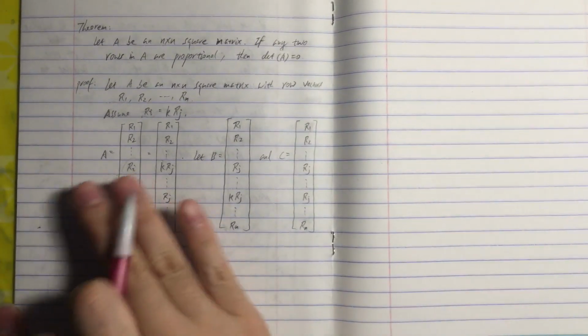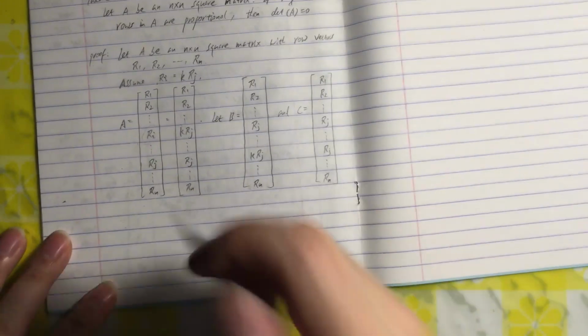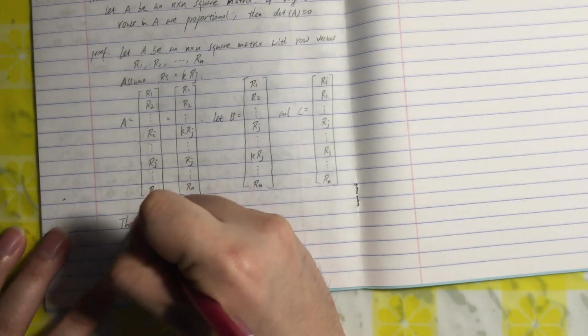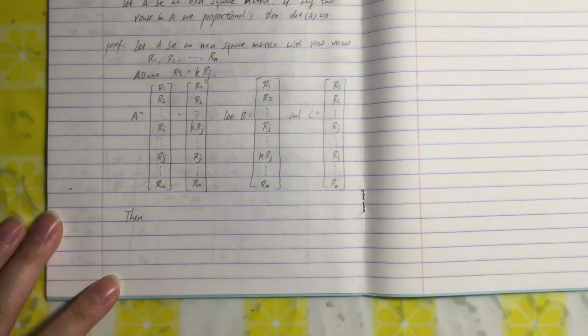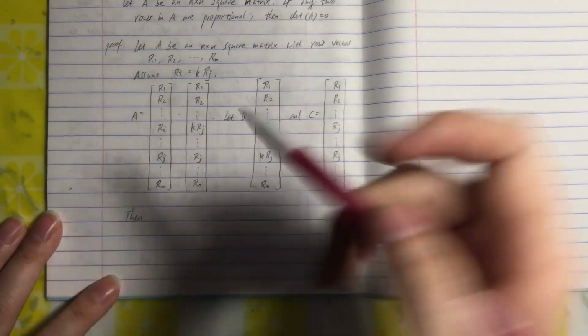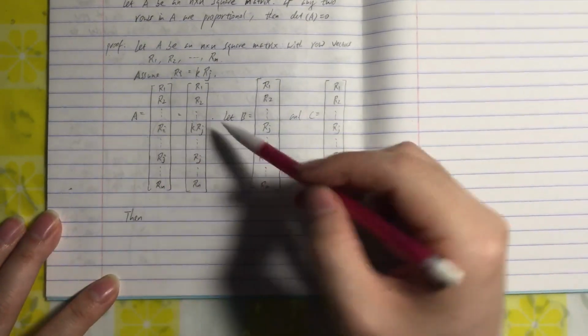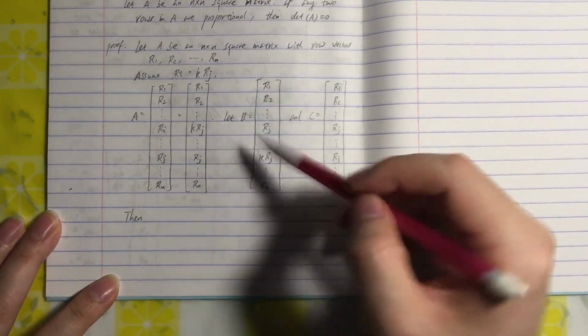Now, what's their relationship here? Let's compare matrices A and B first. We can see that the only difference is that the ith row and jth row are switched.